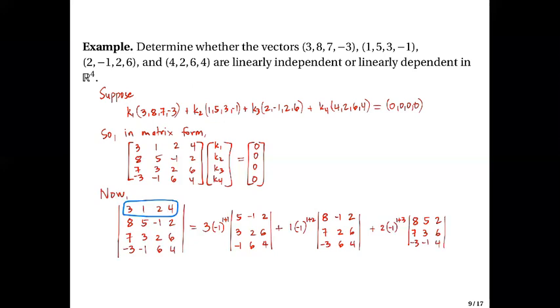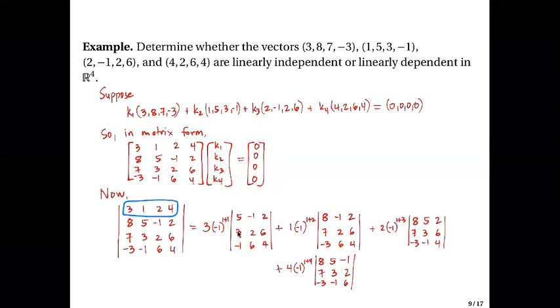And then finally, plus for the last entry, you have 4 times negative 1 raised to 1 plus 4 times the determinant of the submatrix 8, 5, negative 1; 7, 3, 2; negative 3, negative 1, 6.